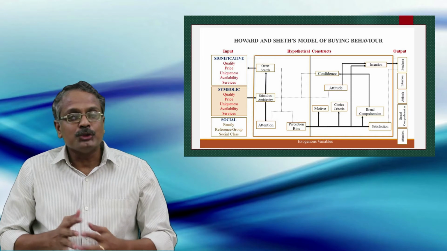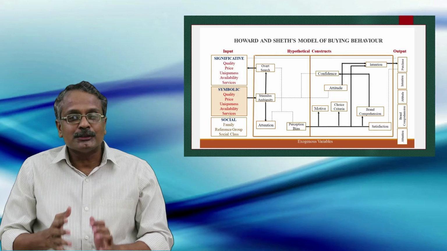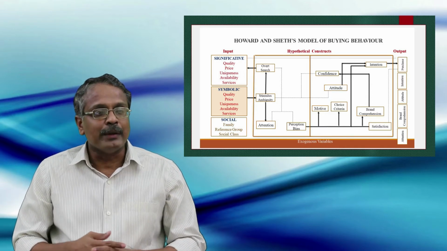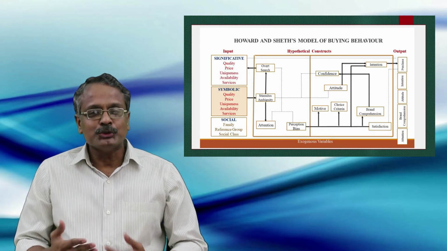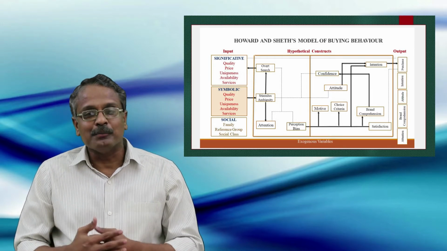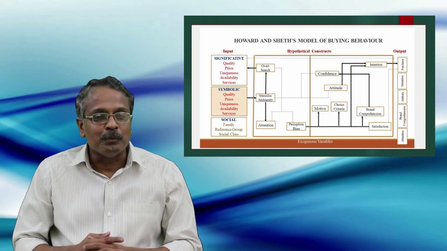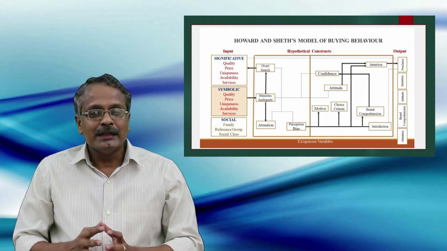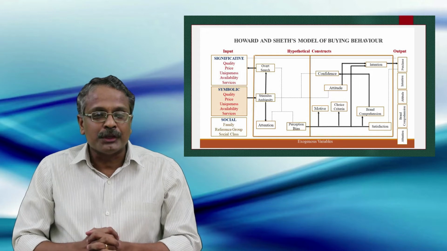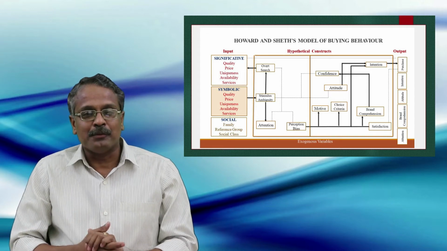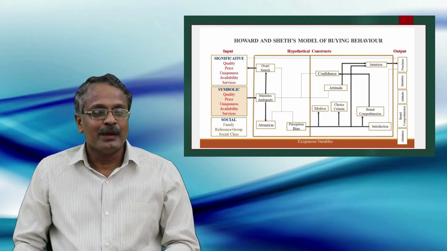But the consumer is not ready to believe all this. For example, the consumer believes that 50% of the ingredients of the soap may be Ayurvedic. He believes that perhaps some minor issues on the skin may be cured by using the soap. And he doesn't believe that the soap can make you beautiful. That means the significative stimuli promoted and advertised by the manufacturer are not accepted by the consumers in the same sense and intensity.